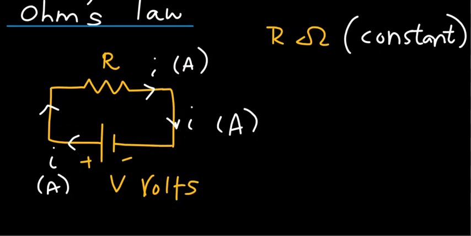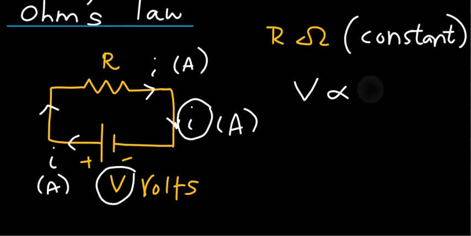and I. Ohm's law states the value of this current in the circuit is dependent on the voltage provided by the battery. And not just that, this dependence is proportional. Or we can say the current is linearly proportional to the voltage provided by the battery.